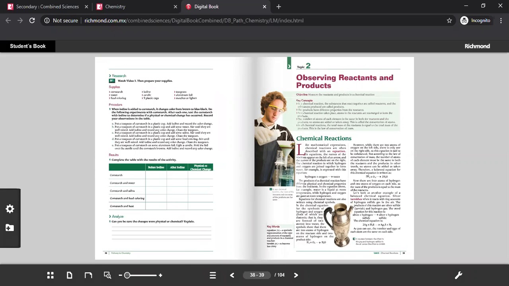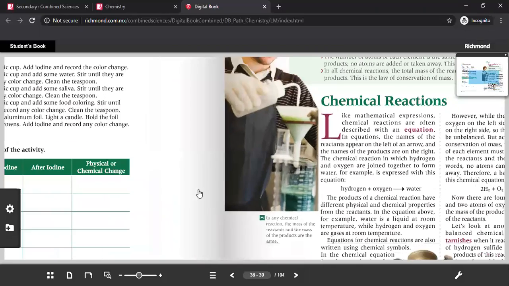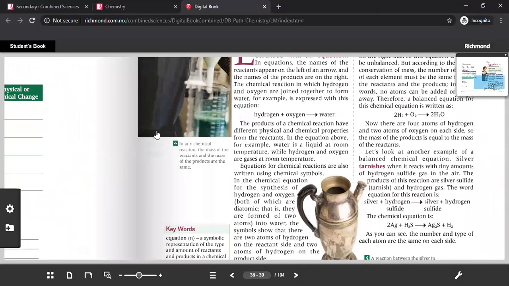And well, if you remember, right, one of the processes that we talked about was what happens with silver when it tarnishes, right? The chemical reaction that takes place when silver tarnishes. I'm going to zoom in so you can remember.